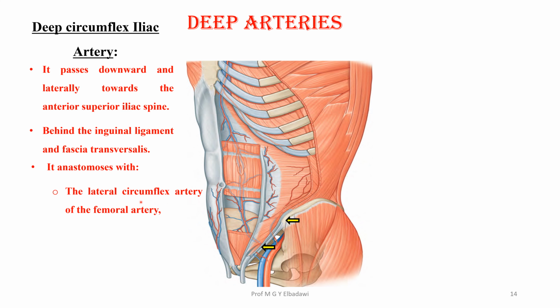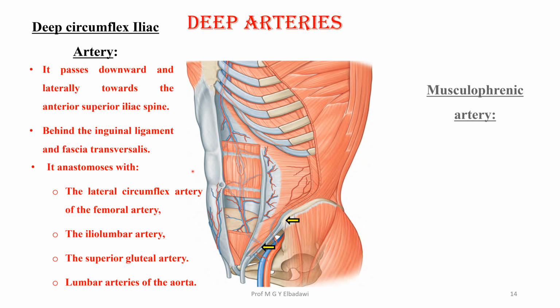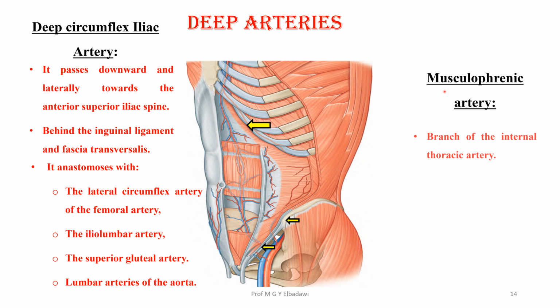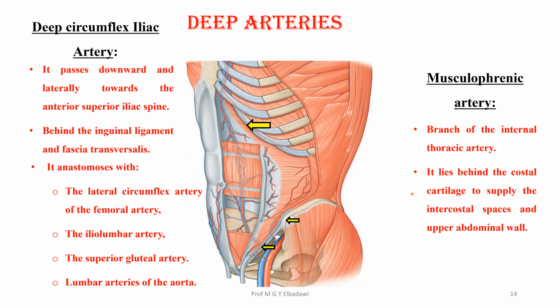It anastomoses with the lateral circumflex artery of the femoral, the iliolumbar artery, superior gluteal artery, and lumbar arteries of the aorta around the anterior superior spine. The musculophrenic, the last one, which passes along the costal margin here, is a branch of the internal thoracic, lies behind the costal cartilage to supply the intercostal spaces and the upper abdominal wall.